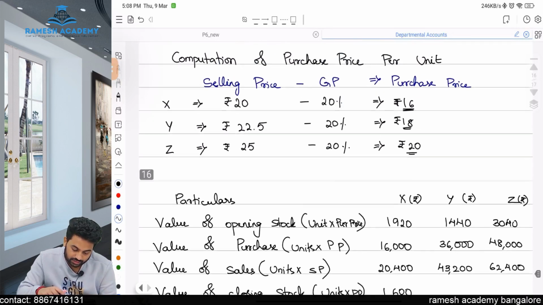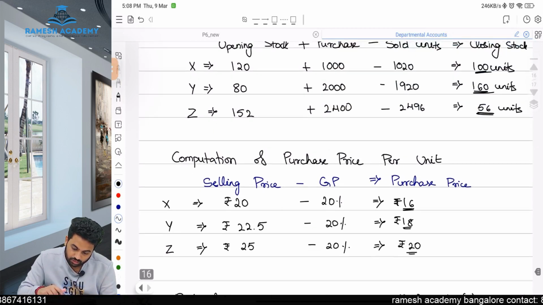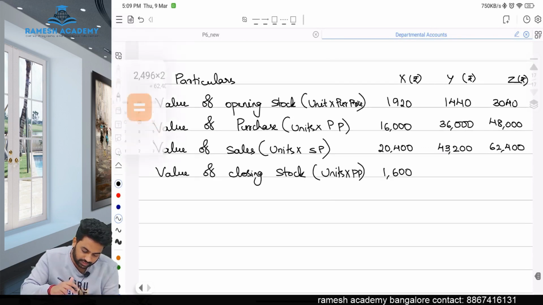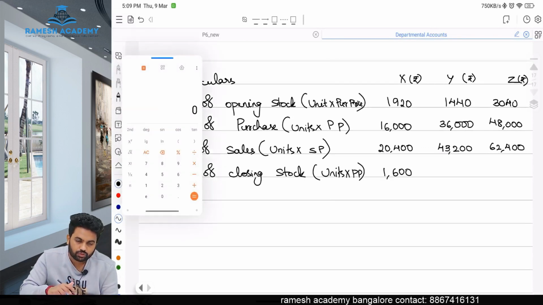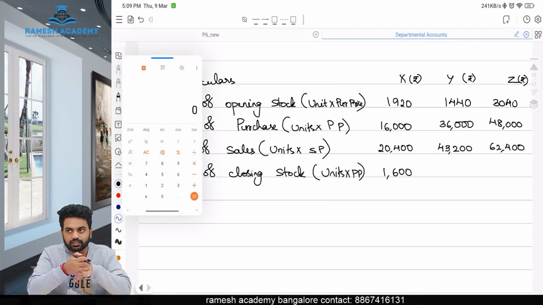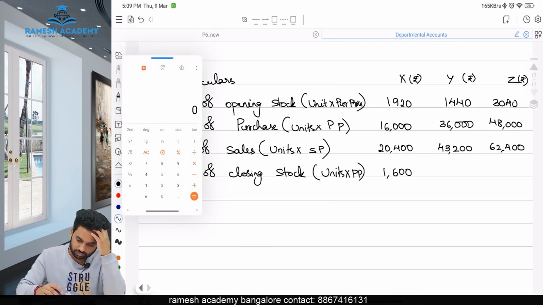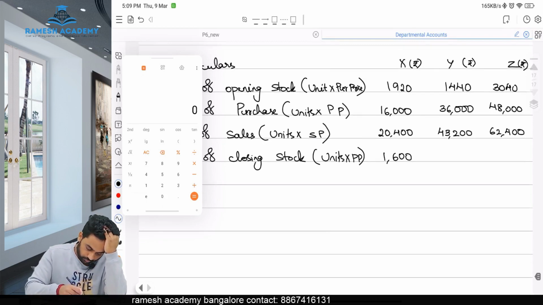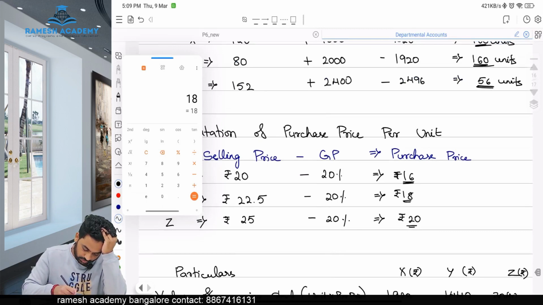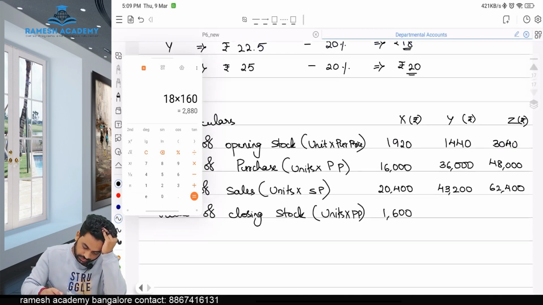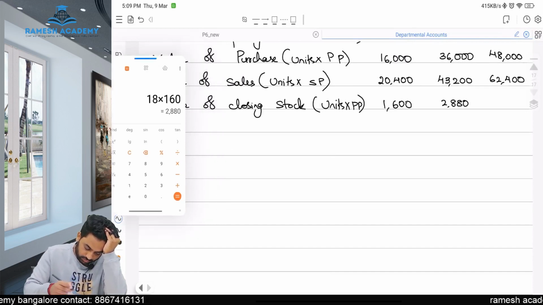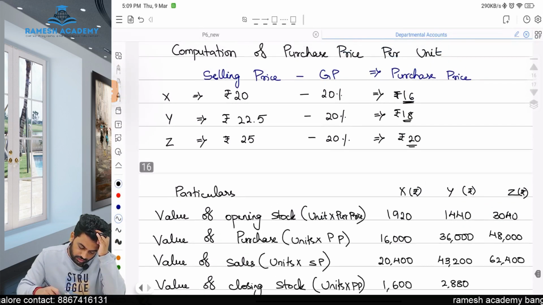How many units are there in Y? 160 units. What is the purchase price? 18. 160 into 18. 160 into 10 is 1,600. 1,600 minus 320, 1280, no? Wait, let me check. 18 into 160. 2880. Sorry. Fine.